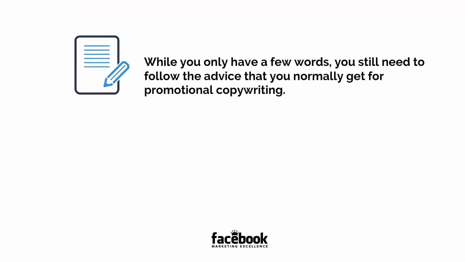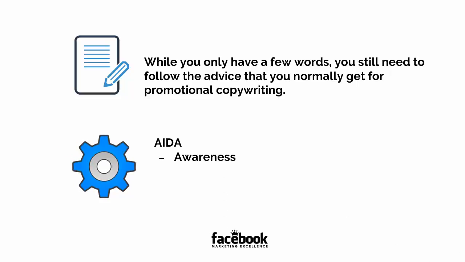While you only have a few words, you still need to follow the advice that you normally get for promotional copywriting. We've already mentioned AIDA, and this is certainly an important tool. You should always start with awareness, because you need to make sure your audience knows what it is that you do. Being obtuse never helps anyone.